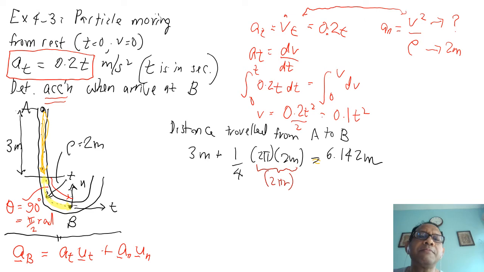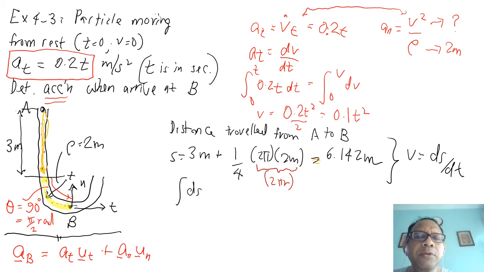We can use this data as equal to s, and we can use that v equals ds over dt. We can integrate now. So we integrate ds from 0 to 6.142 up to point B, equal to the time taken to reach B, so 0 to t_B, v dt.